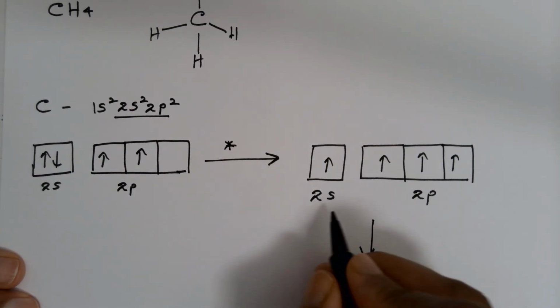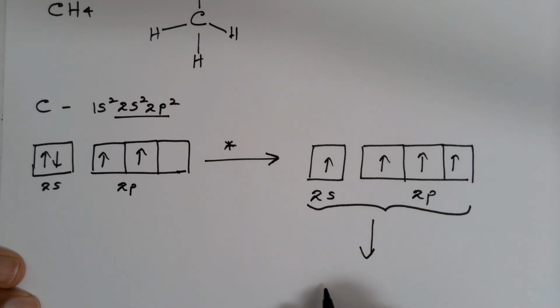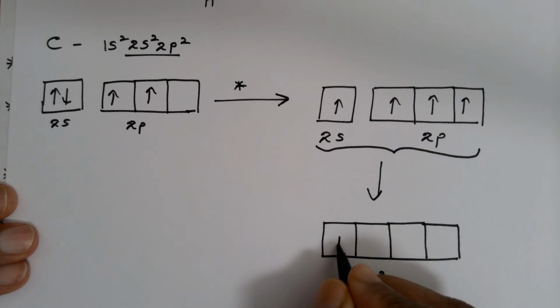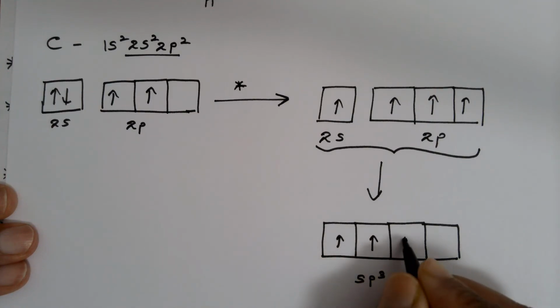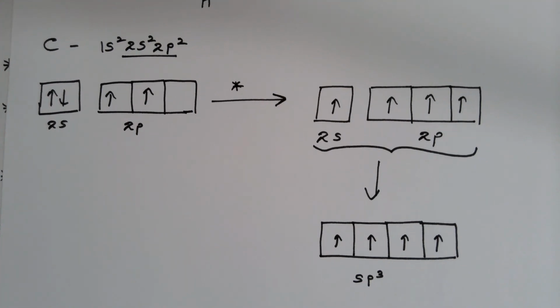Now let's mix all four orbitals, one s and three p orbitals together. They have the same shape and the same size. Four sp3 hybridized orbitals are formed now, each having one electron.